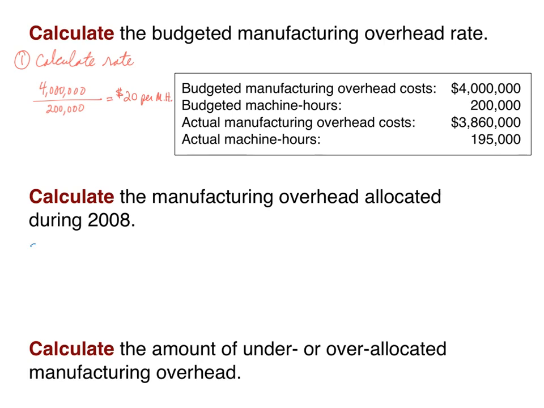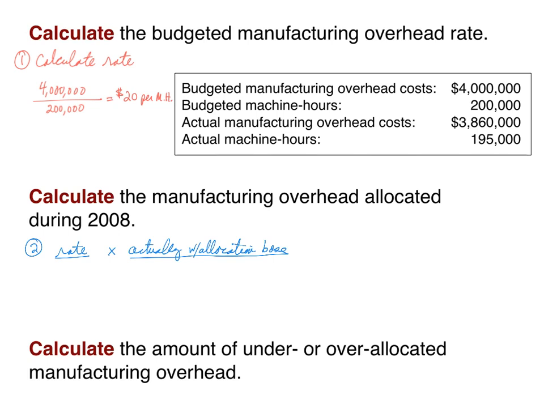Step two in the process is to calculate the amount of overhead applied or overhead allocated. So we're going to take the rate that we just found, our estimated rate, and multiply it times what actually happened with the allocation base. And remember, the allocation base in this case is machine hours.